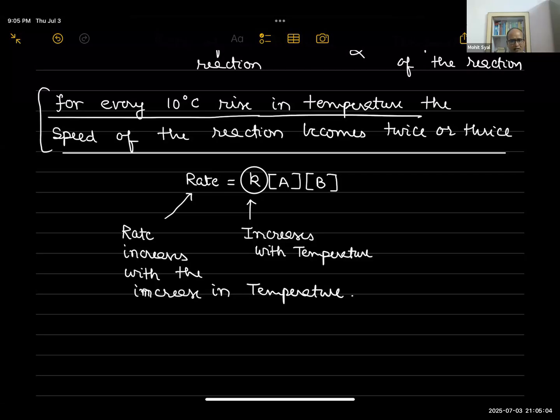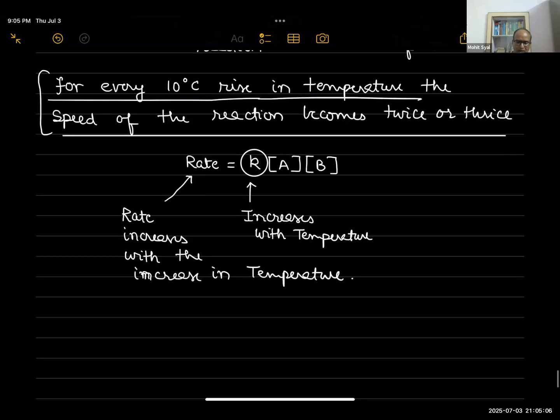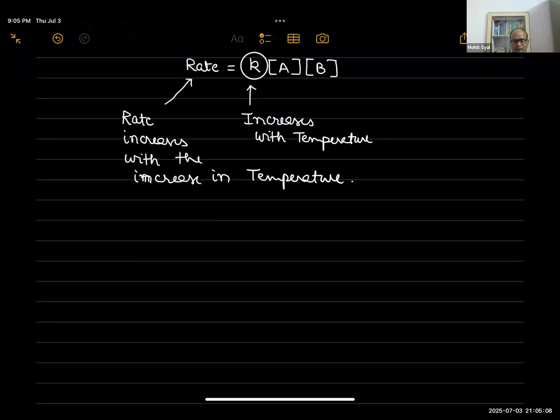This is the basic thing, but why it is happening, that we can understand. And we can also write the relationship which tells us how the K changes with temperature.